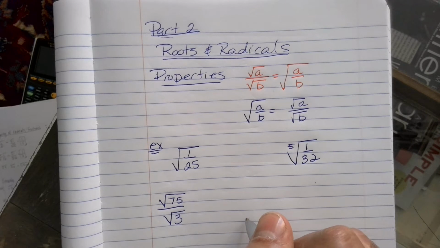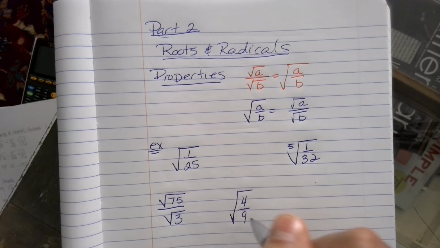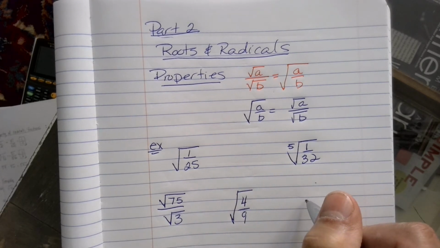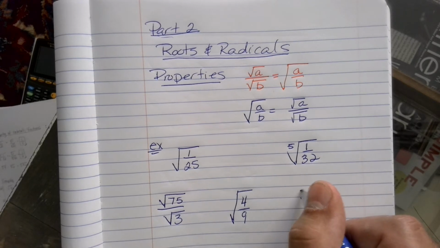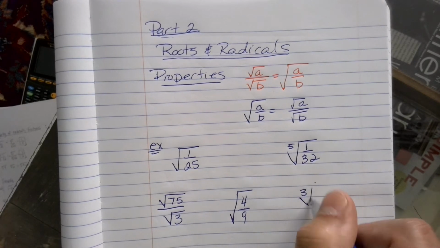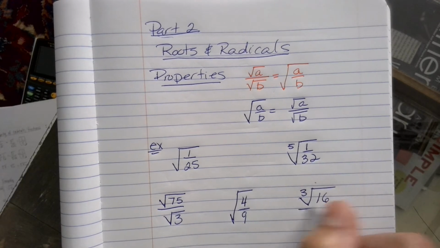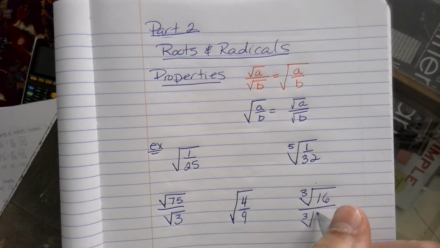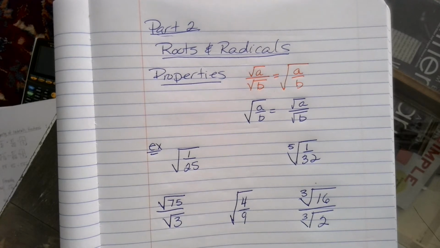If I had, we already did one of those, but I don't know, square root of 4/9, maybe the cube root of 16 over the cube root of 2. So here's 5 examples we could look at and apply these properties.